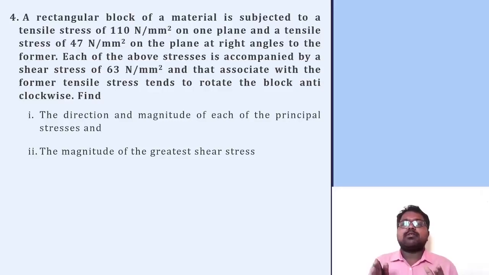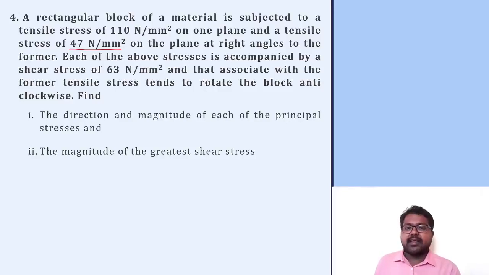Each of these stresses is accompanied by a shear stress of 63 Newton per mm square, and that associated with the former tensile stress, here 47 Newton per mm square, tends to rotate the block anti-clockwise.